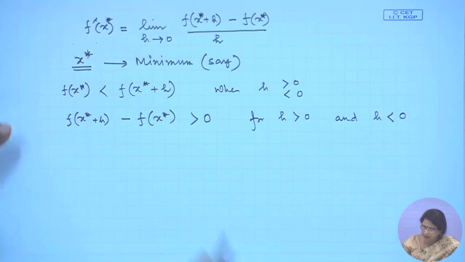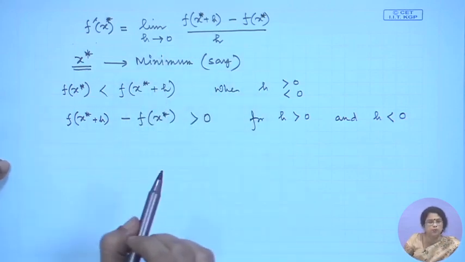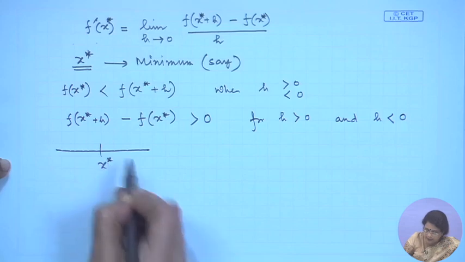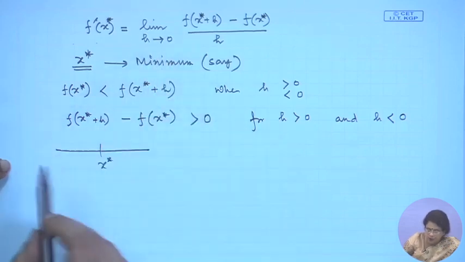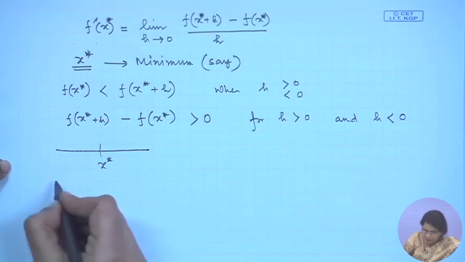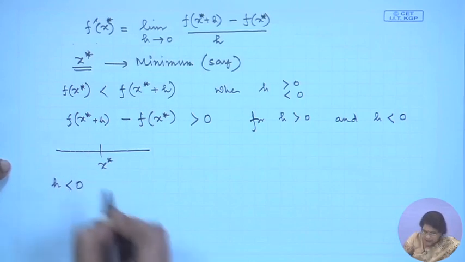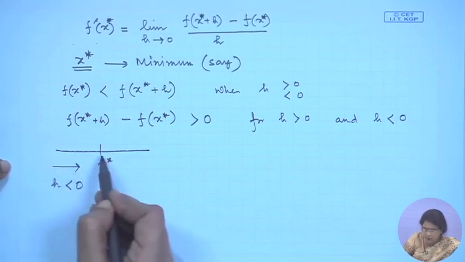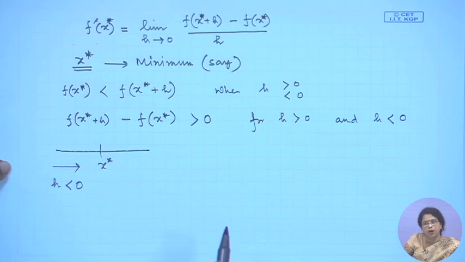Now, you see h is tending to 0, that is, to the point x star, h is tending to 0 either from the right hand side or from the left hand side. If h is negative, what does it mean? It means we are approaching x star from the left hand side, all right.